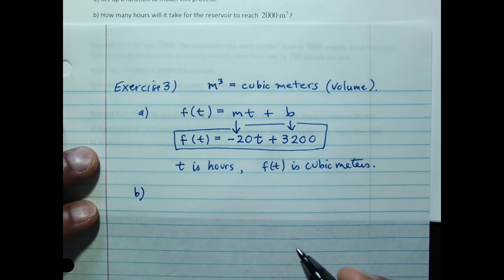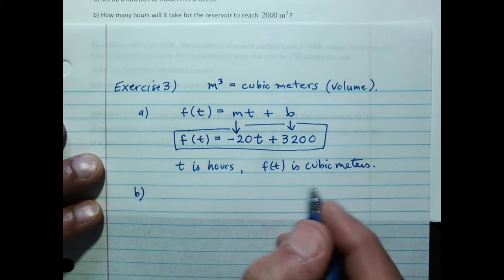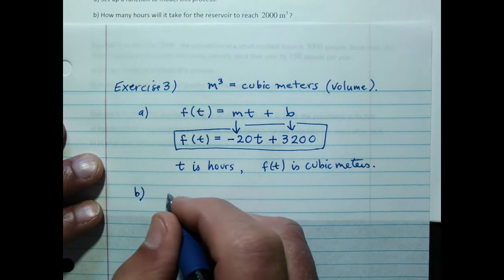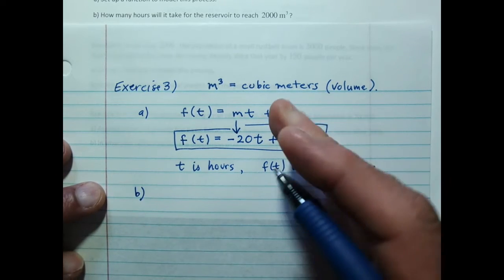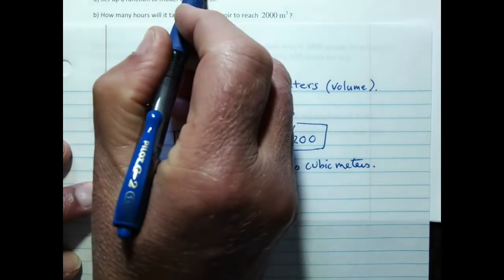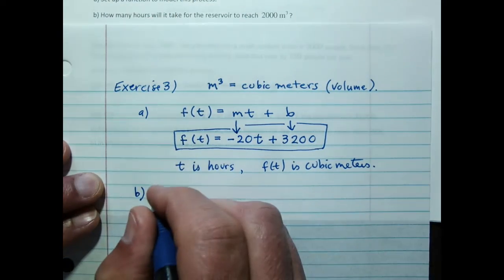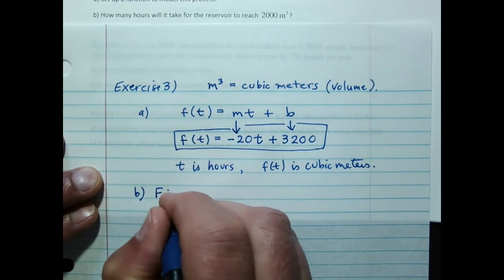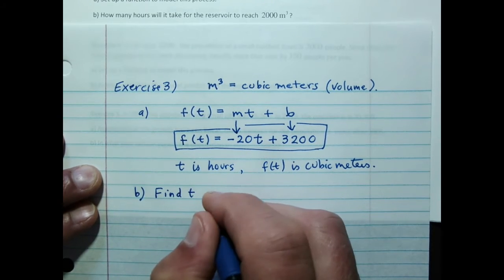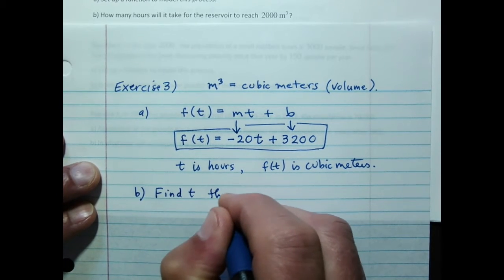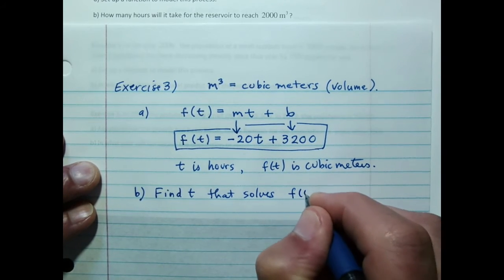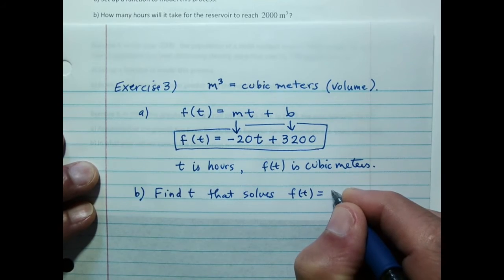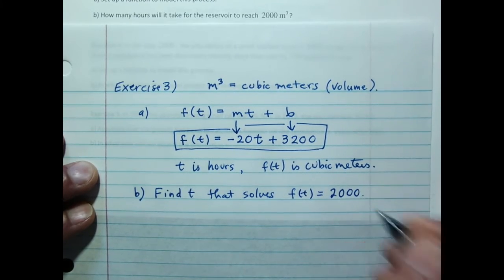How many hours will it take for the reservoir to reach 2,000 cubic meters? So the level is going down, right, from 3,200 to 2,000. So we want to find t that solves, or for which f of t is going to turn out to be equal to 2,000.